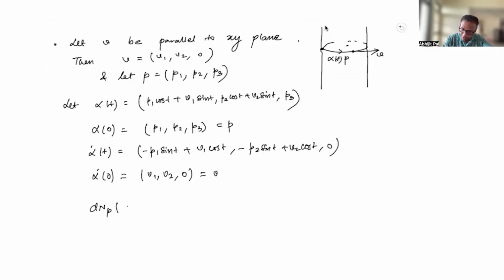So dN_P of alpha dot(0) we have to evaluate.